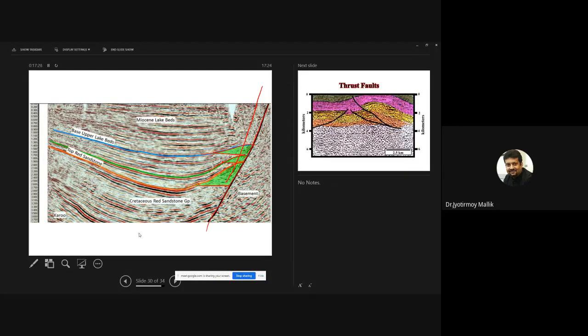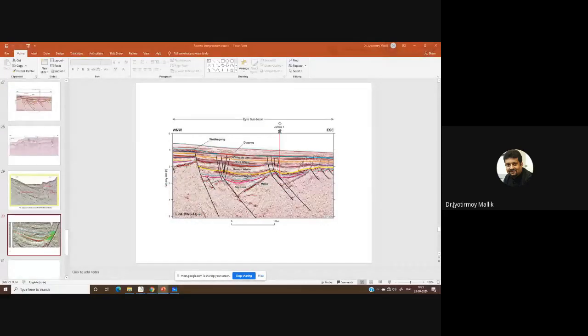Can someone tell me? I talked about it before. Stacked reservoirs. So they are called stacked reservoirs.